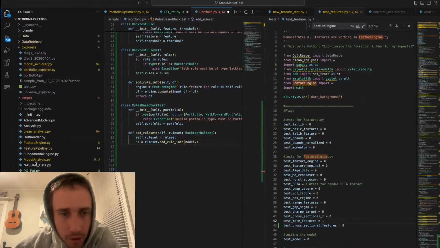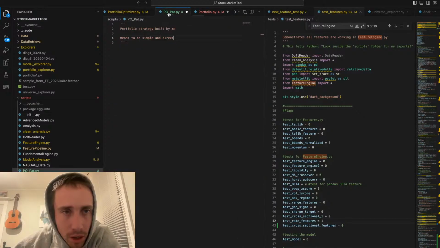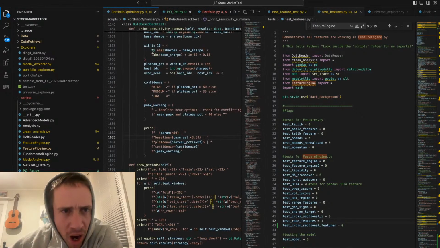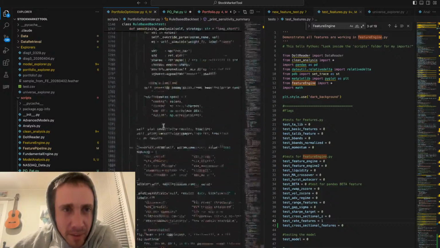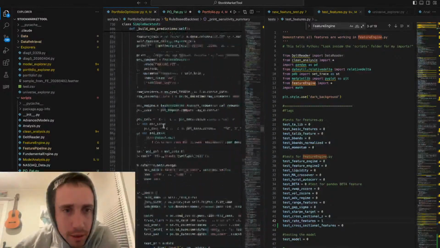But the question is why, because I must be implementing something wrong. So portfolio optimizer, rules-based backtest, simple backtest.